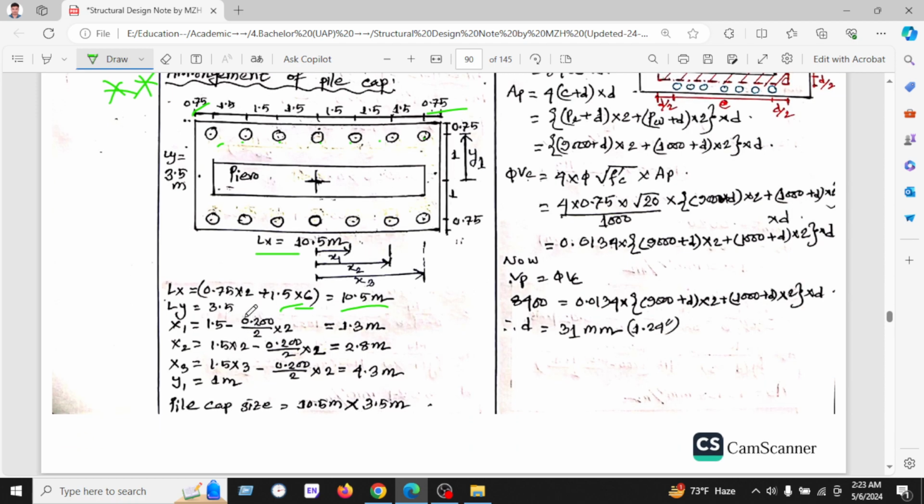Here it is 3.5: 1 meter and 1 meter, and 0.75 and 0.75, 2, and 3.5 meter.